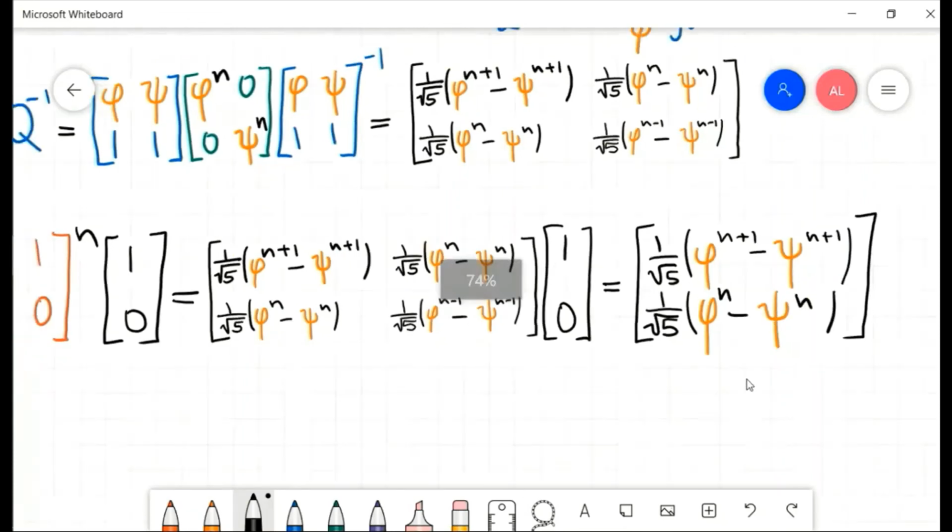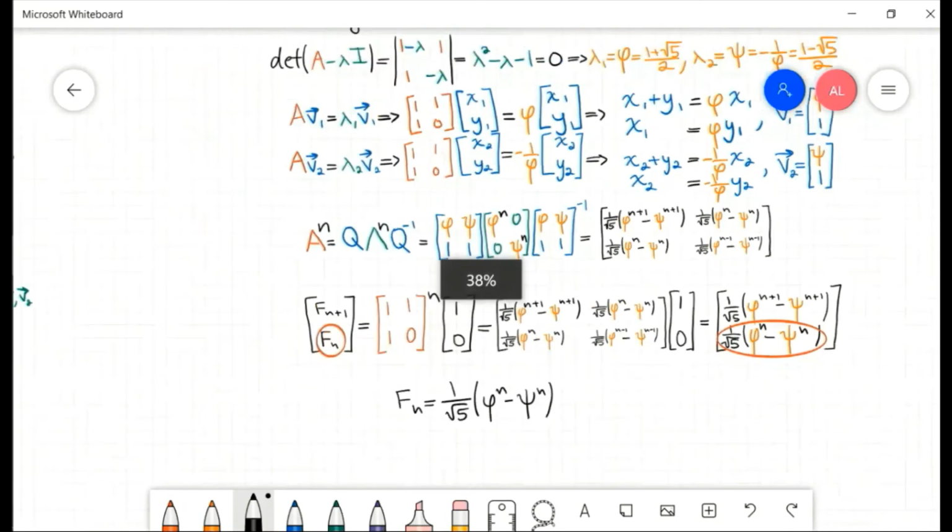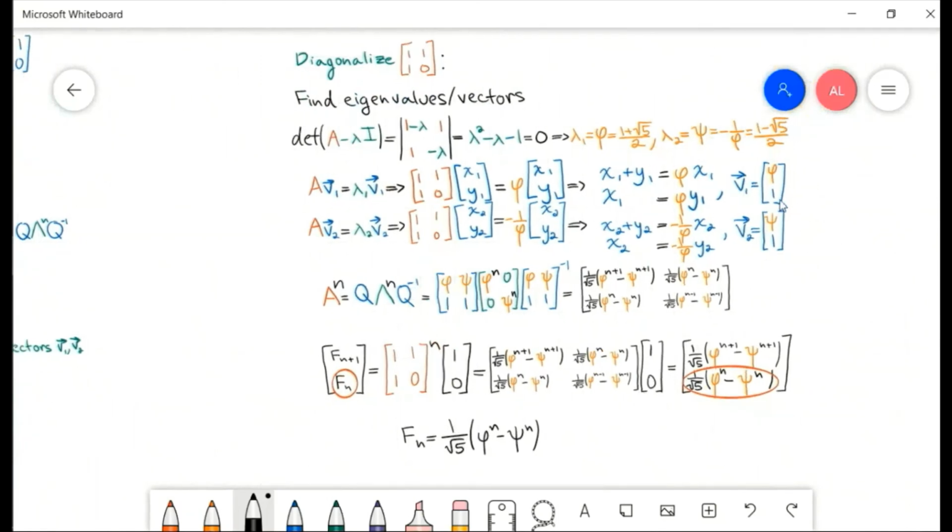And so now we can just compare these two entries. We can compare the top one or the bottom one, any one we choose. We get the same result, that the nth term of the Fibonacci sequence is 1 over the square root of 5 times phi to the n minus psi to the n, where phi and psi are the golden ratio and negative 1 over its reciprocal.